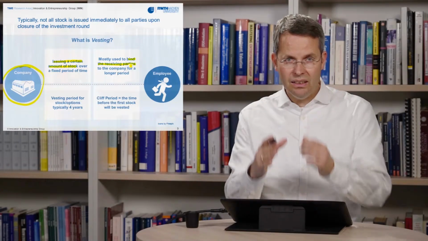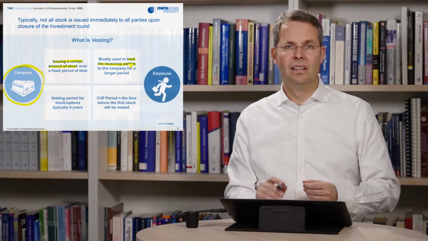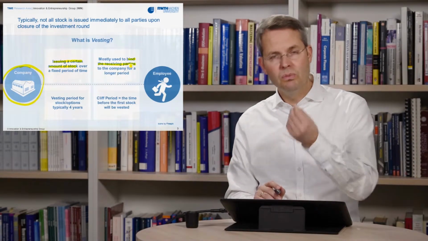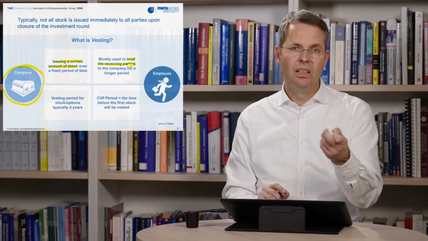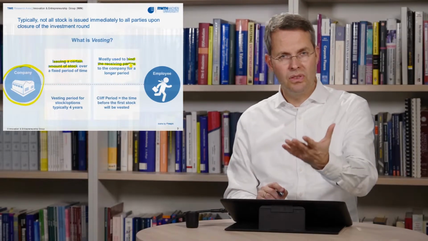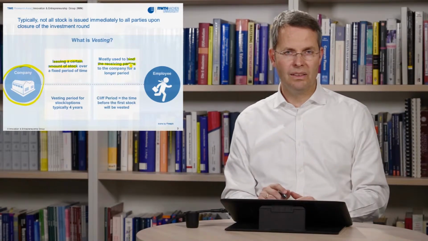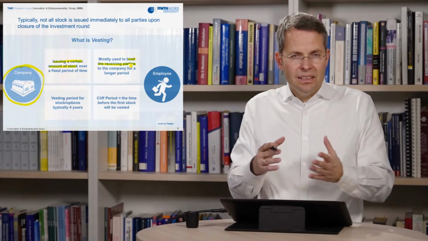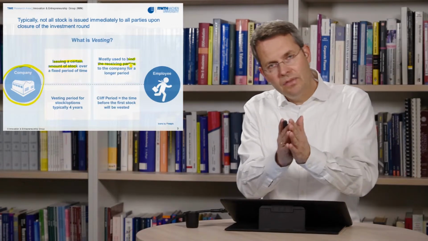So the VC, as a representative in that case, says, if I give you $2 million, in the case we had before, I would like you to use that $2 million over the next 4 years in order to create more value from the $2 million. Now, the shares you have will be vested over those 4 years.